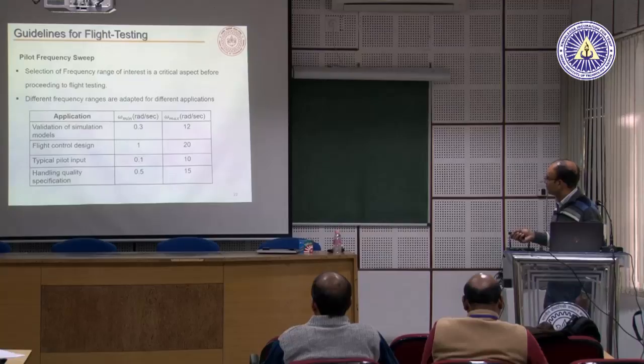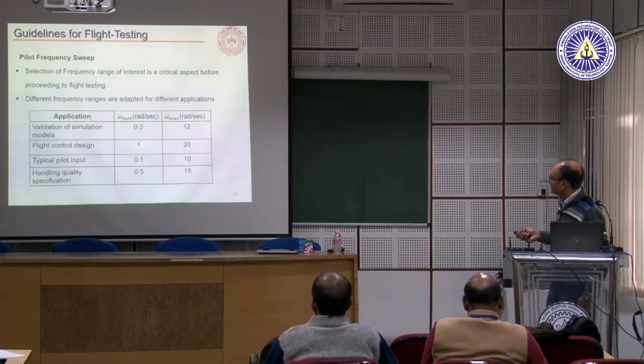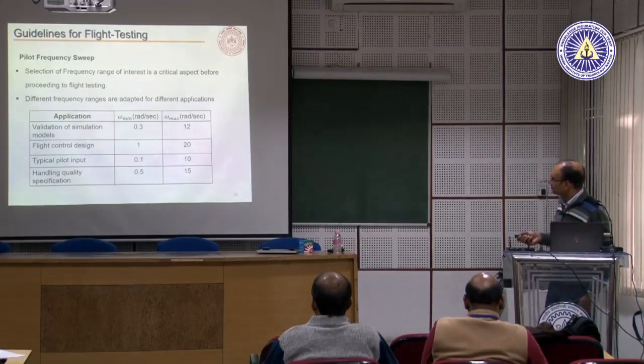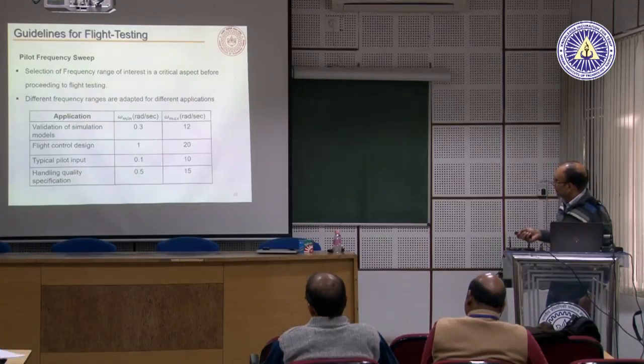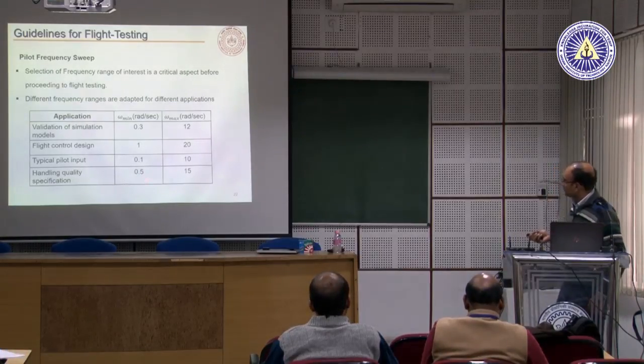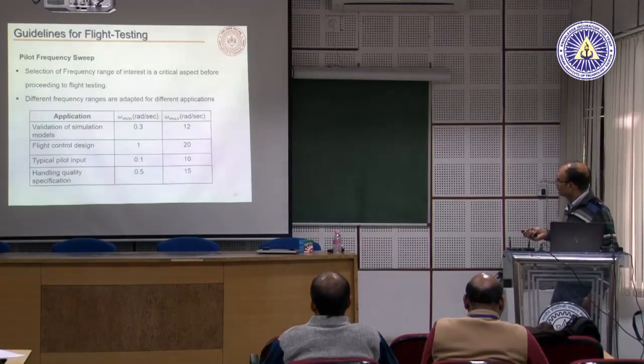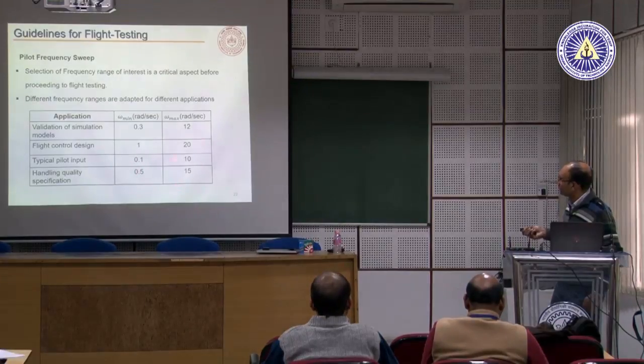For flight control design, we typically want from 1 to 20 radians per second, and typical pilot input for these things is 0.1 to 10 radians per second. For handling quality specifications, we typically give input in the range of 0.5 to 15 radians per second.